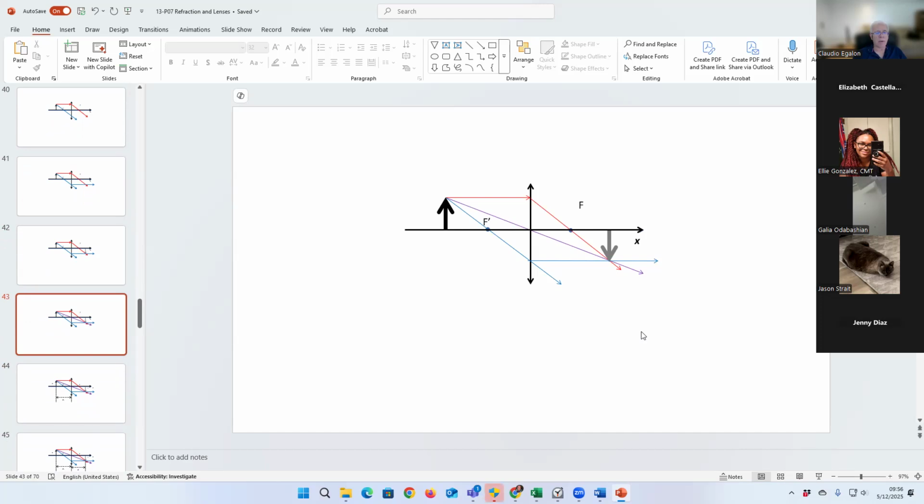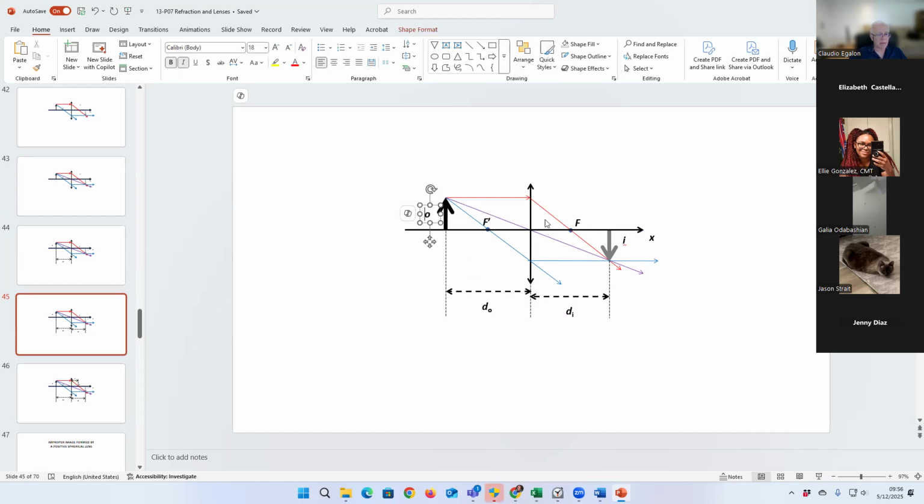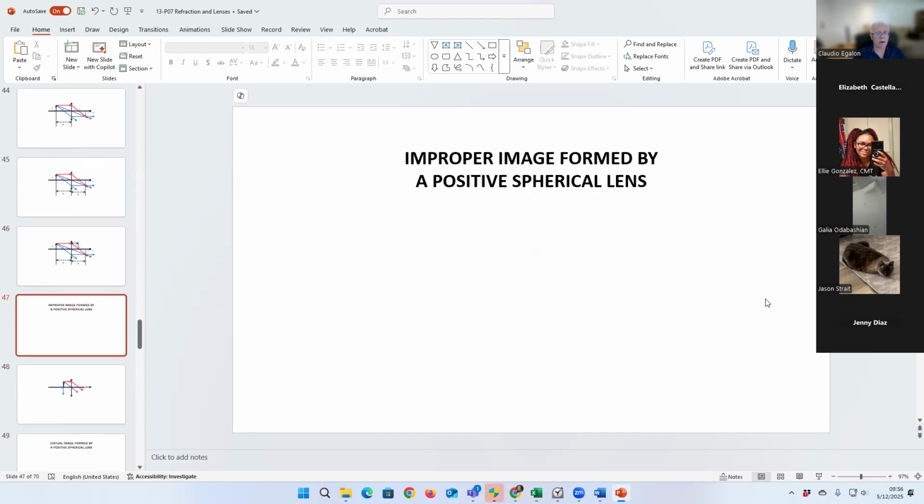Okay, so it just goes through the lens in the same direction it started. Okay, so here you go. That's the distance of the object. That's the distance of the image. Okay. The object has a size, the image has another size, I. Here's the focal distance, right?